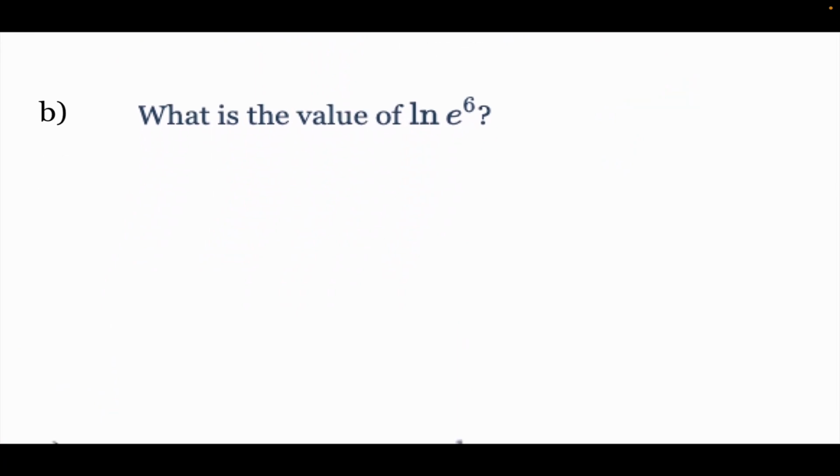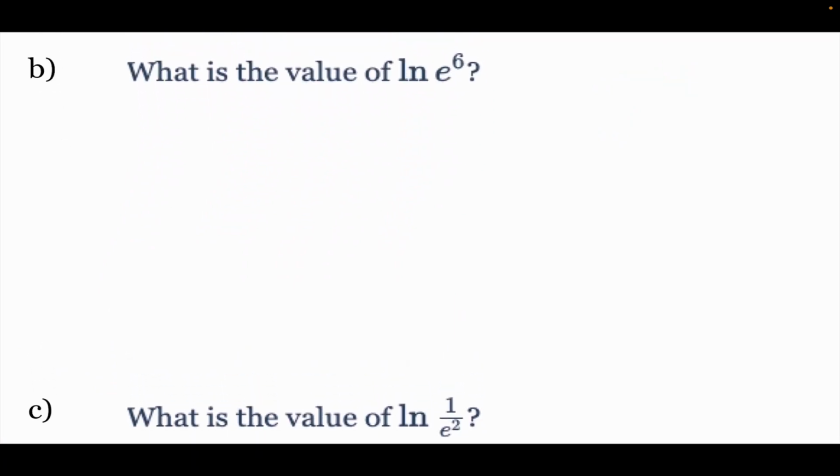Let's look at the next one. The next one has a natural log. So the first thing I'm going to do, before I even try to decide how to solve this, is rewrite it so that it has a log instead of a natural log. It's missing an exponent part.